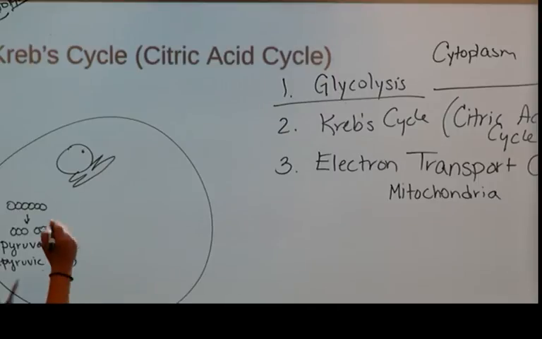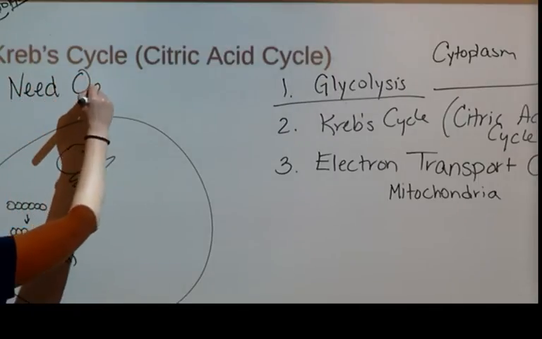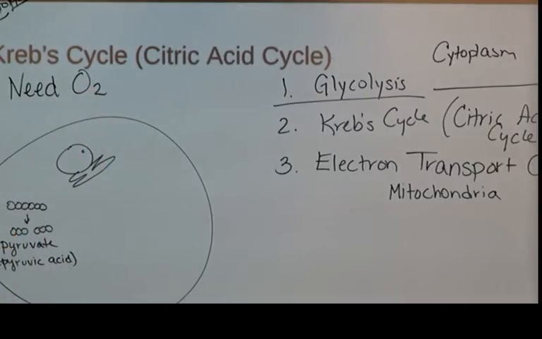In order for this to happen, you need oxygen. Now, do you actually need oxygen for the citric acid cycle? Is there oxygen going into the citric acid cycle? There's not. But the citric acid cycle and the electron transport chain go together, and so you can't have one without the other, and it just keeps on going. So you need to have oxygen for the end of the electron transport chain.